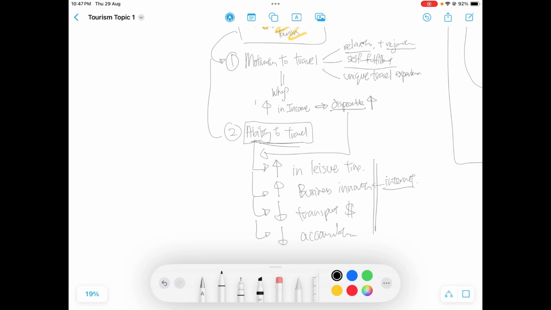The introduction of websites such as Trip.com, Agoda, Expedia, Airbnb. It allows the traveler to make comparisons between various accommodations.